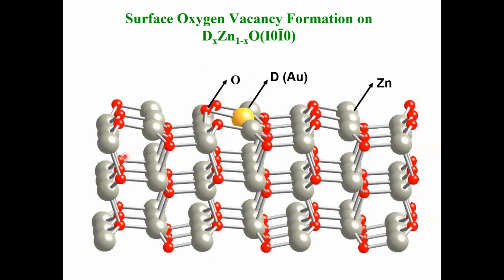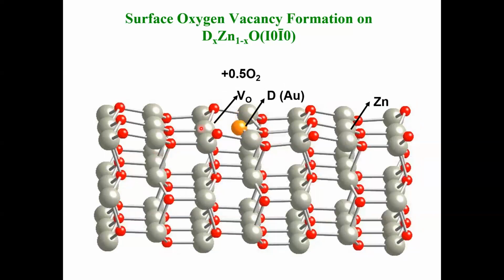And then I have formed oxygen in the gas phase. So one oxygen atom has given rise to half O2. I'm calculating the energy of this system using density functional simulations. And what is left out here? There is an oxide with a vacancy.